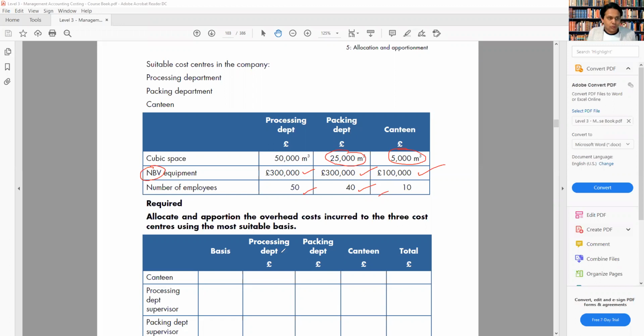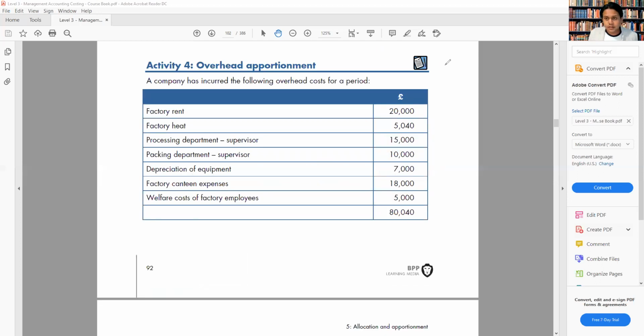All right, so let's move on. We might write this information on the corner so that when you go to the question, we can see everything. So let's write it all down. Factory rent 20,000, factory heat 5,040.